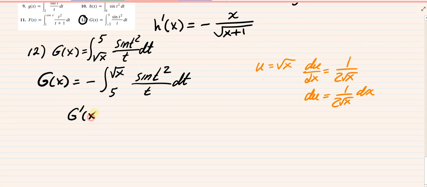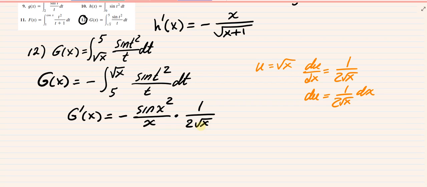So g prime x is going to be negative sine of x squared over x, and times the derivative du dx, which is 1 over 2 root x.